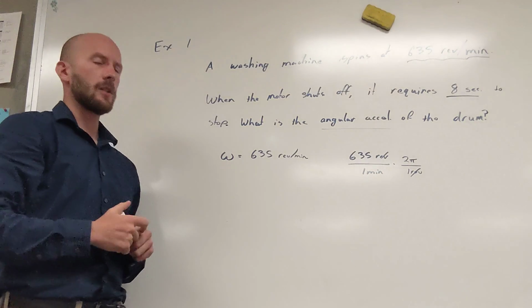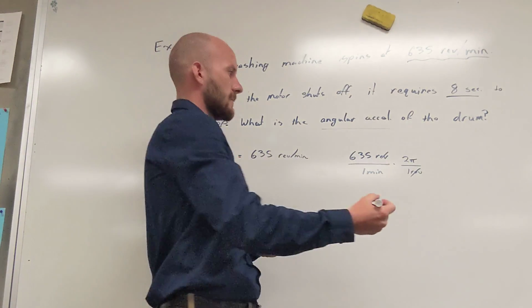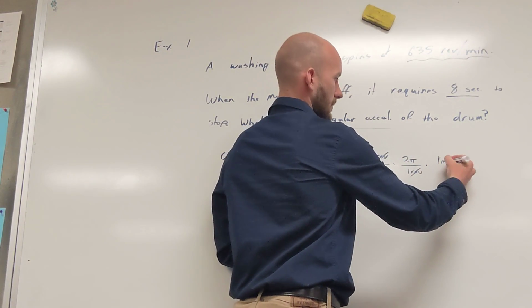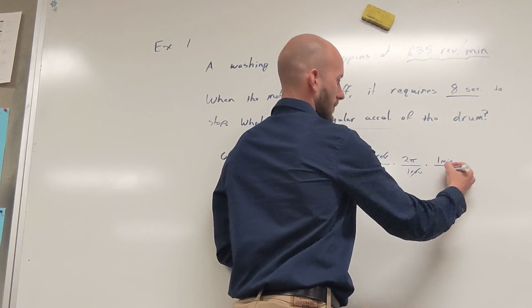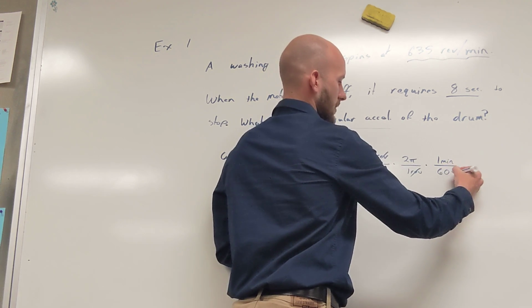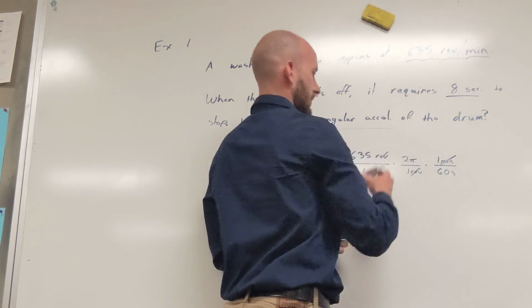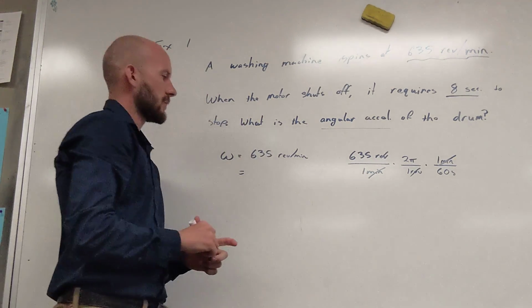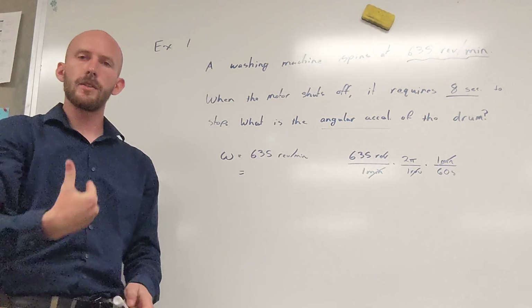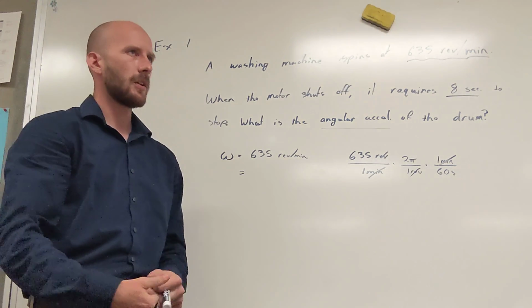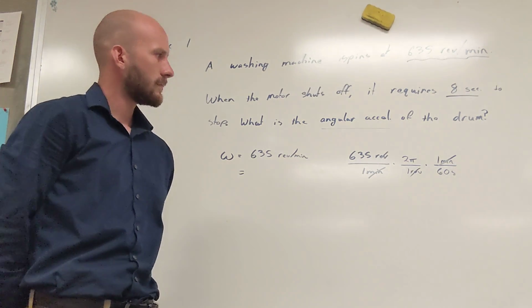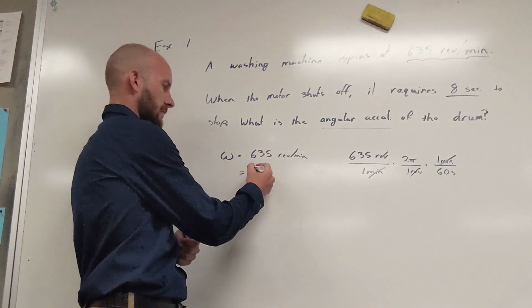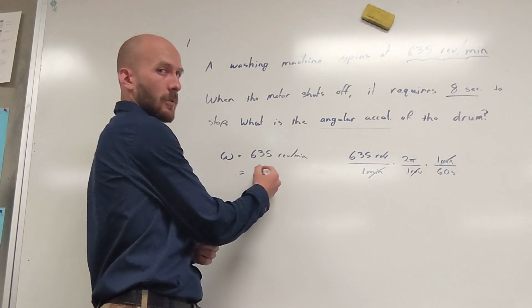And then I just need to take care of the minutes. 1 minute is 60 seconds. Okay? So my omega in radians per second would be, I'll let you guys figure that out. I got 66.4, 66.5.